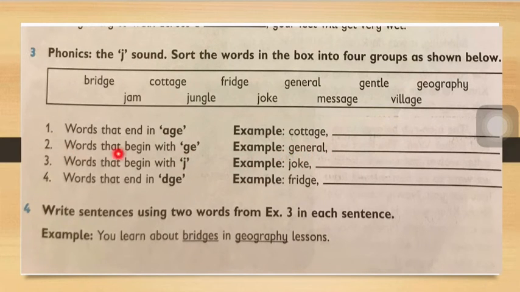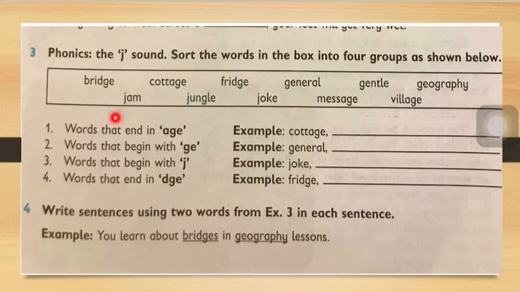The word that begins with J. Gentle. Again the same family. The next word is geography. Geography. Again the same family. It will come here in group number 2. The next word is jam. Jam. This word will come here in this family.